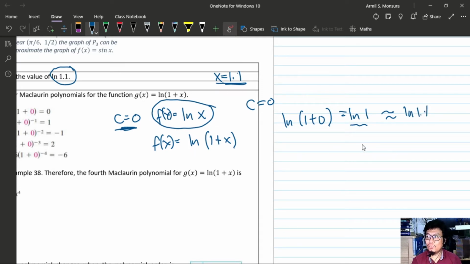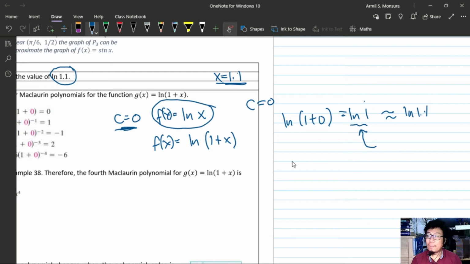So our Maclaurin polynomial actually approximates ln of 1, but using this to approximate ln of 1.1 would not be that bad, because 1 is not too far from 1.1.